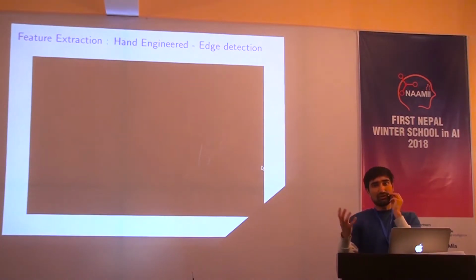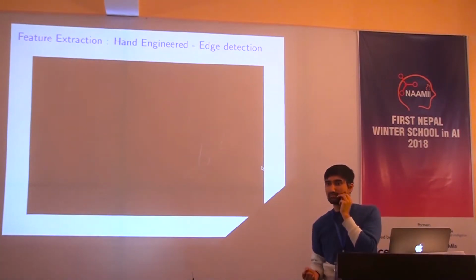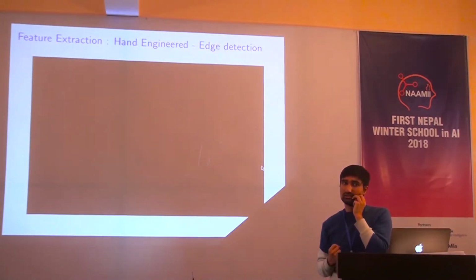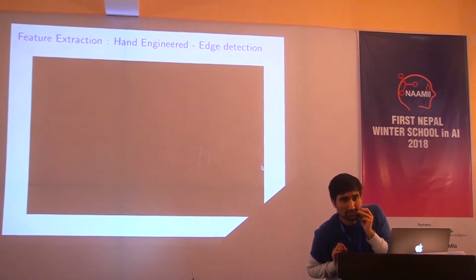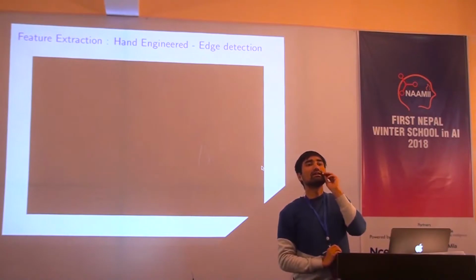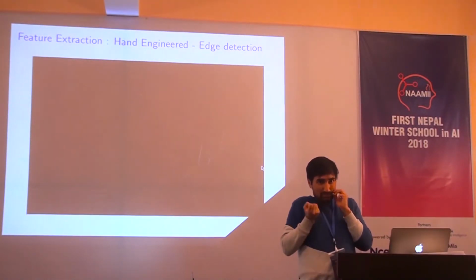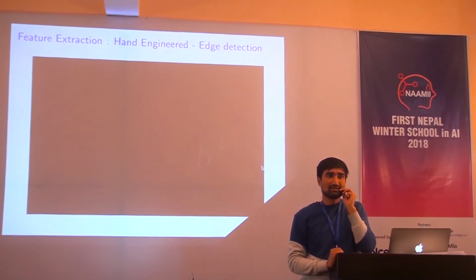So that's one way of extracting edges. This is the result. Can you guess how we could extract edges from images? Anyone? Difference? Pixel values change drastically. So how do we capture that mathematically, because we need to implement something?